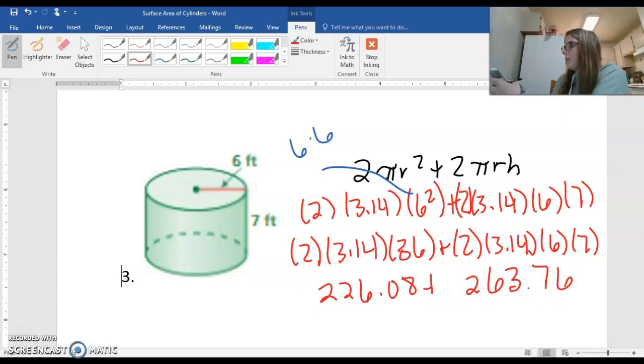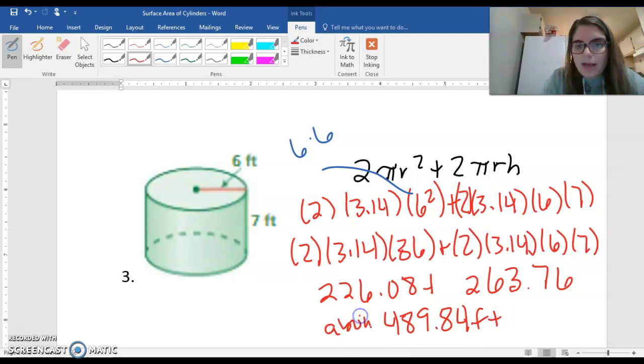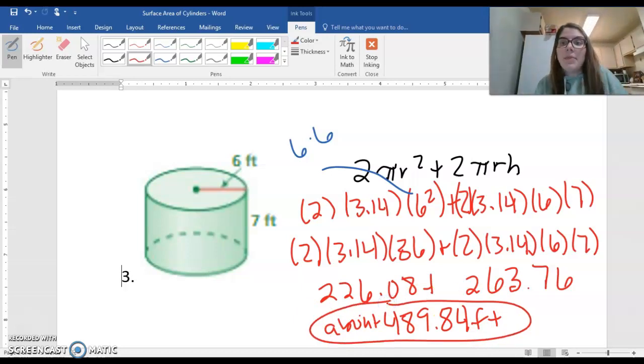When I add those two together, 226.08 plus 263.76, you should get 489.84. And remember, it's just about that. The reason is because we rounded pi to 3.14, so it's not exact.